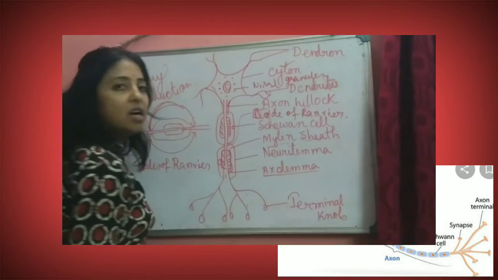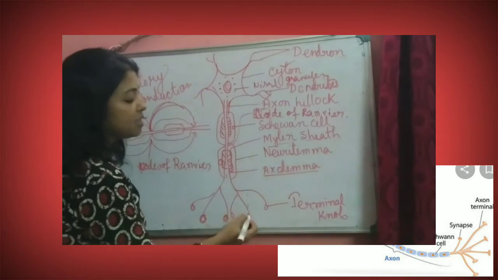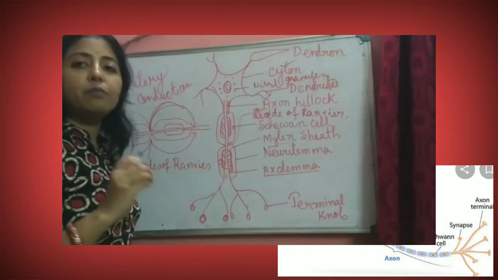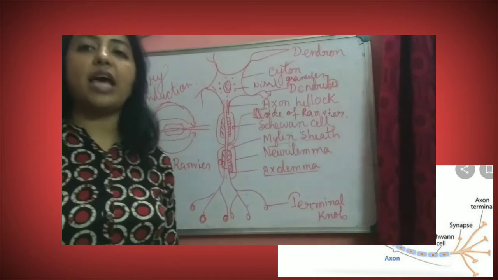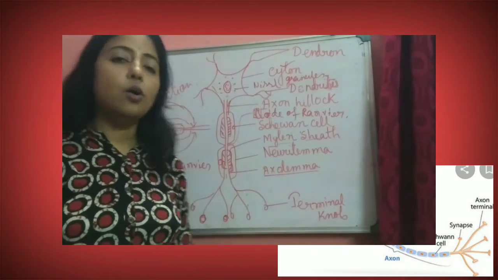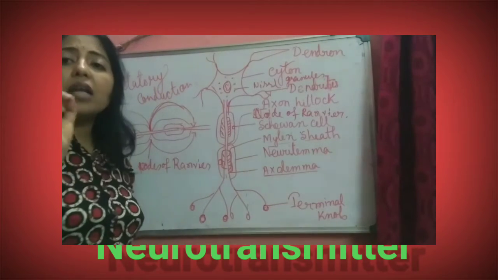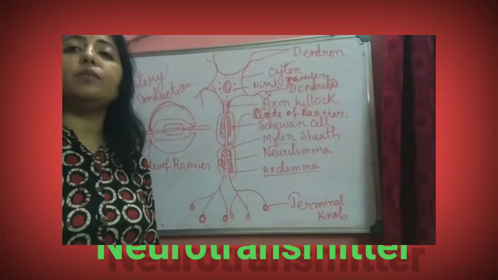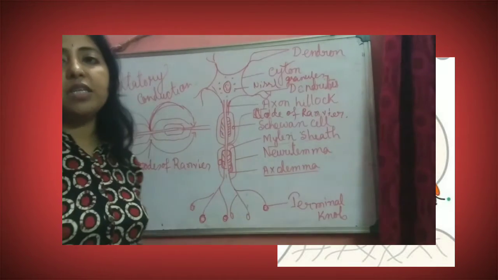Some bulb-like structures will be present here, and the terminal portion of this axon is also known as axon terminals. And from here, from the terminal nerve, one kind of chemical substance will be secreted. That is known as neurotransmitter.